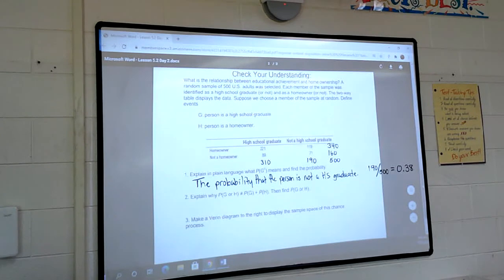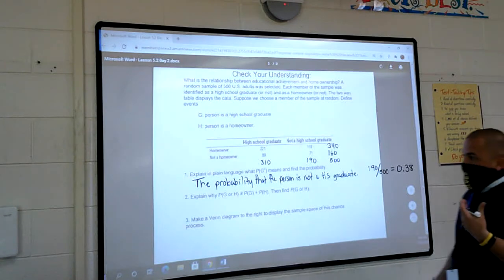So 2, explain why the probability of G or H is not equal to the probability of G plus the probability of H, and then find the probability of G or H. So why is it not equal to just adding the two together? Why do you have to subtract? Because it overlaps. Well, they're not disjoint. Okay, so in this case, there are people that are what? A high school graduate and a homeowner? Yes.